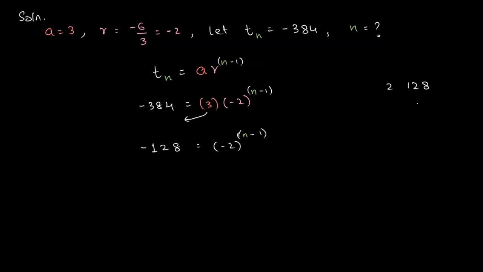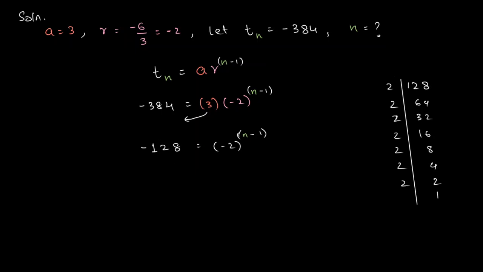2 makes it 64, 2 again makes it 32, 2 once more, 16, 2 again, 8, 2 makes it 4, 2 makes it 2, and 2 times 1 is left. As we can count, it is 1, 2, 3, 4, 5, 6, 7.